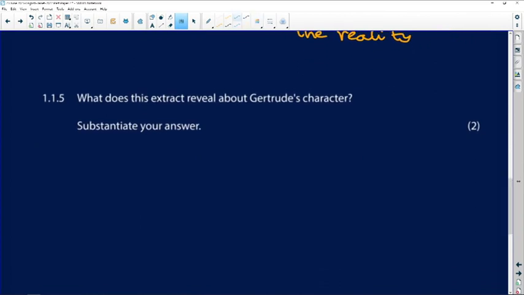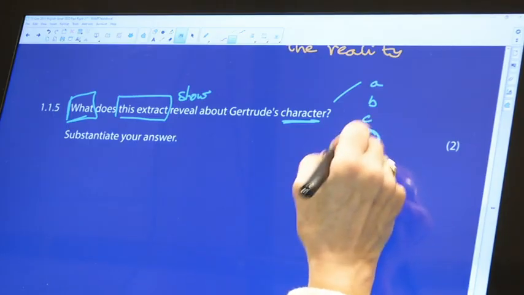Now this is one of the questions that I said it's really important that you know the book really well. First of all, what does this extract reveal or show about a character? Now be careful. You might know a lot of things about Gertrude's character. Let's say she's A, B, C, and D. And you know D really well.